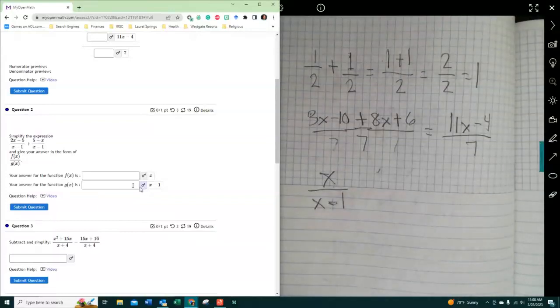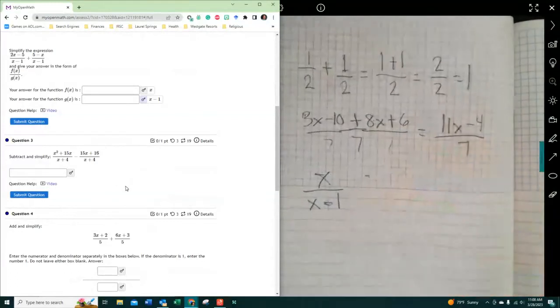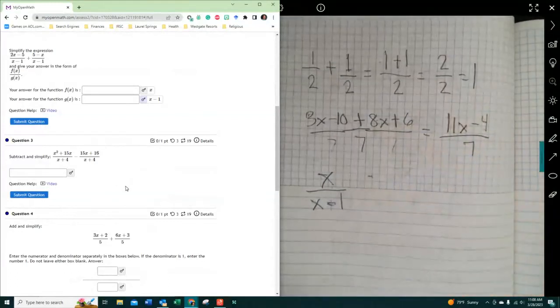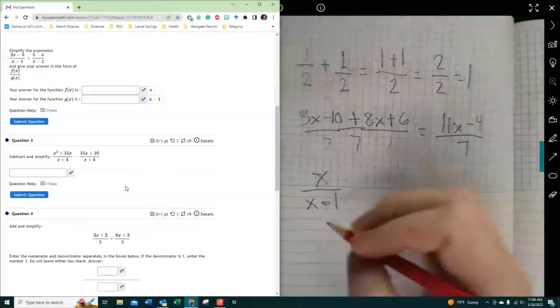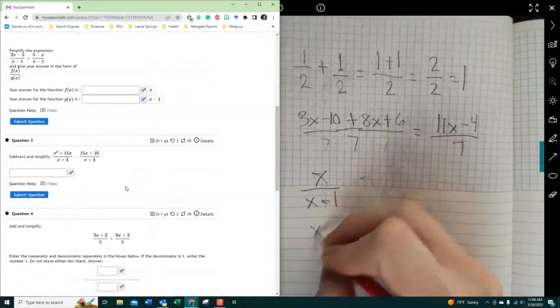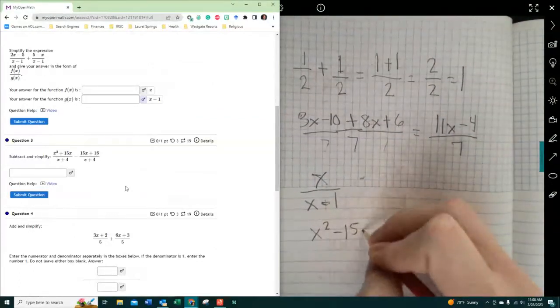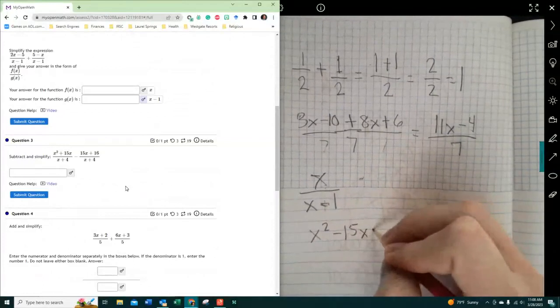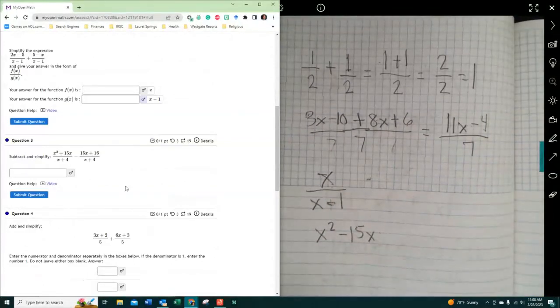All right, so now we're going to go ahead and look at the next question. We have x squared plus 15x minus 15x plus 16. Since it's a negative sign, you take that negative sign and switch the signs of the second polynomial numerator.